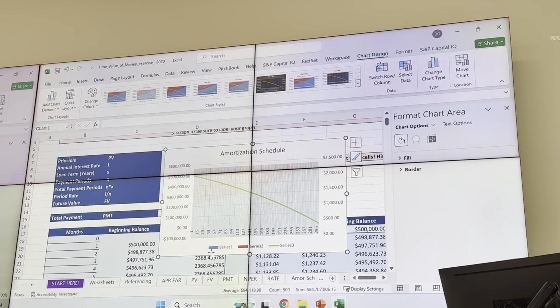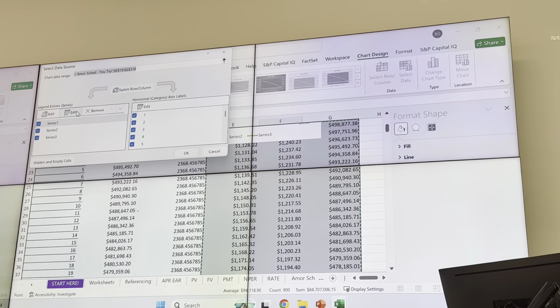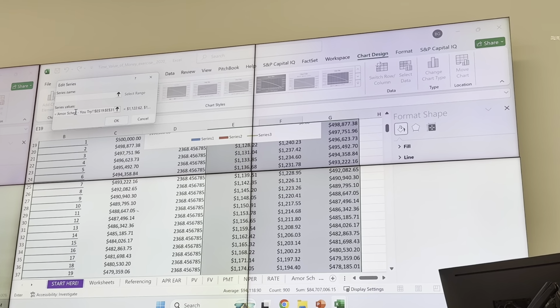You can change the name of the series. How can you do it? Change chart type or select data. So under chart design, select data, and you can name each one of them. So edit the name. The first one is basically your principal payment.